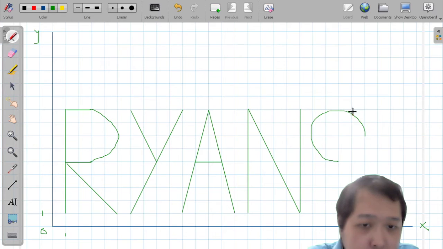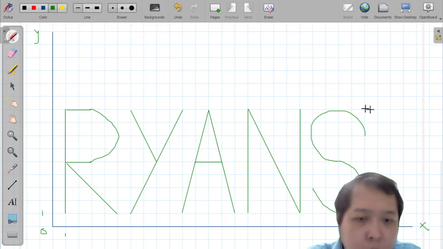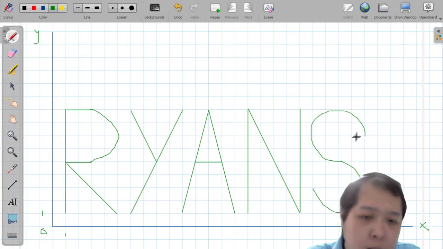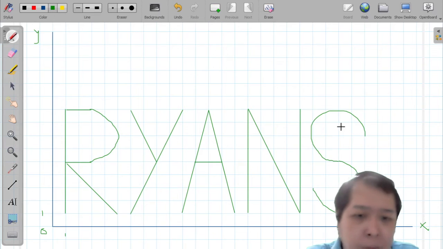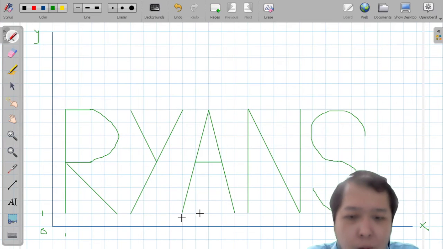You can put a semicircle here and then overlap another semicircle here. Doable with this semicircle, although this is 3/4 of a circle. All right, here we go.